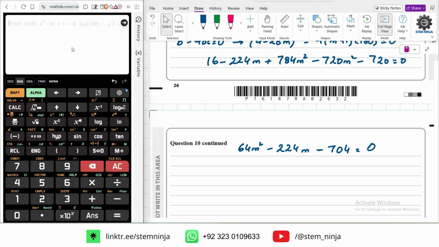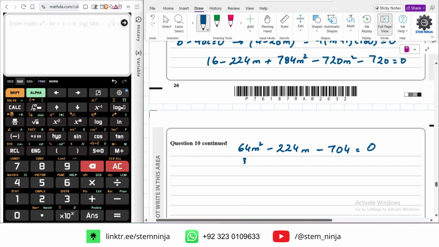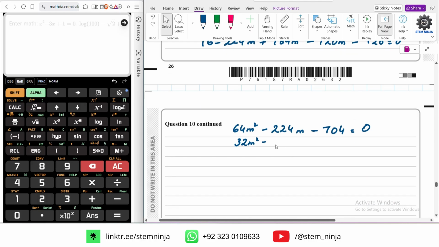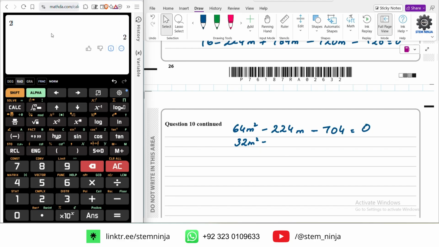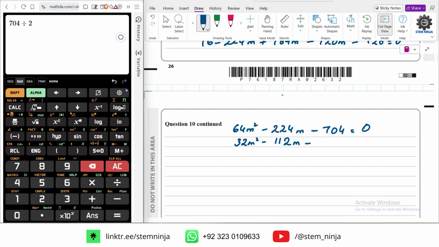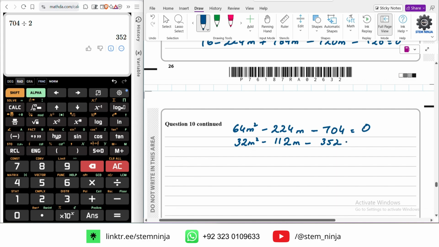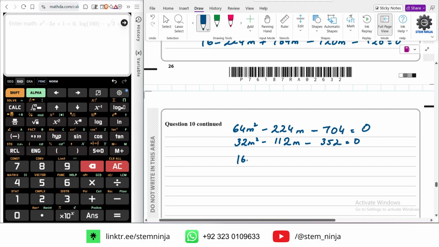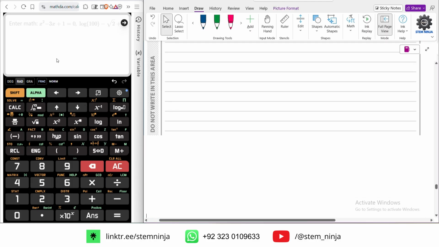So let's first divide them by 2. 64 divided by 2 is 32. 224 divided by 2 is 112. And minus 704 divided by 2 is 352. So yes, it's further divisible by 2. 16m squared, and then this would be 56, I think.